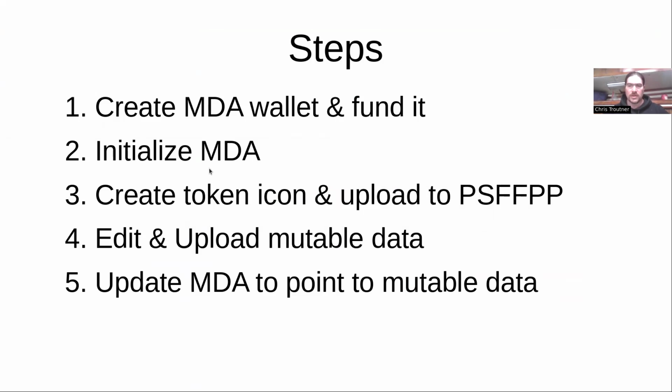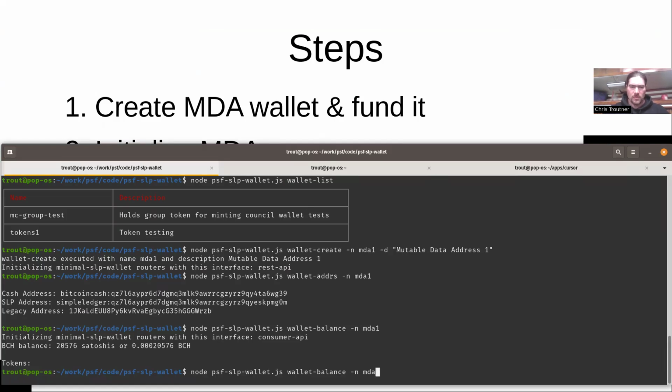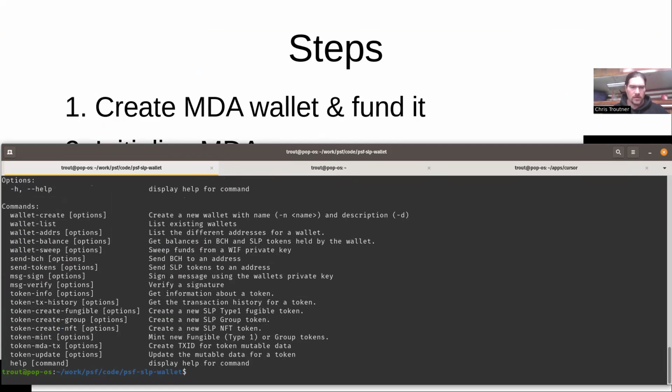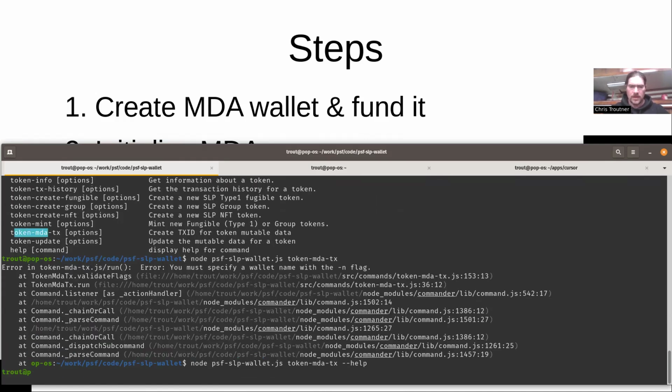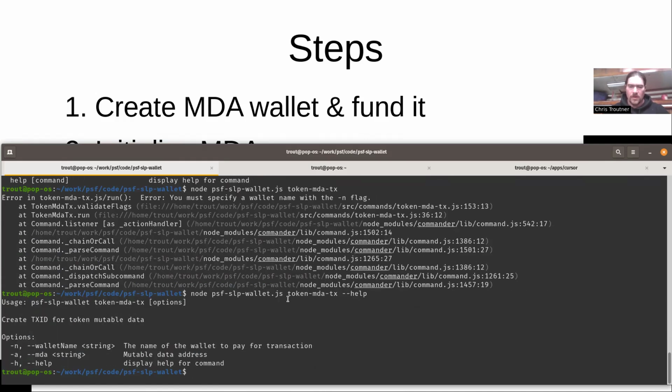Now we need to initialize the MDA. And that is with a special command called token MDATX. Let's check that out. Dash dash up. So all this does is it creates a transaction.